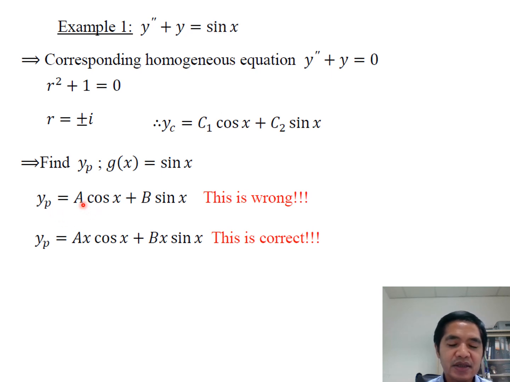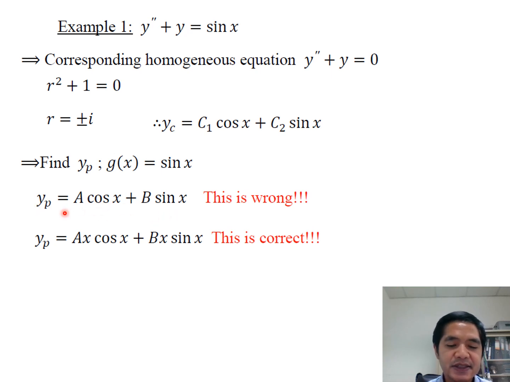So for yp, don't forget 1 here is the polynomial, with the smallest s, which is s to the zero. x to the 0 is equal to 1, so it's going to be a0, or just a, it's the same thing, a0 cos x plus another constant, let's say b sine x. As I said, whenever we see sine or cosine, even just one, for the yp you have to use both cos and sine.